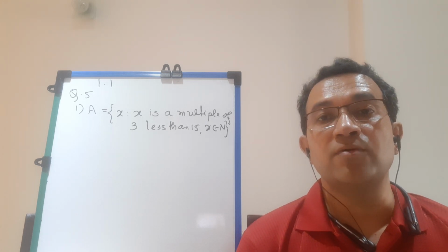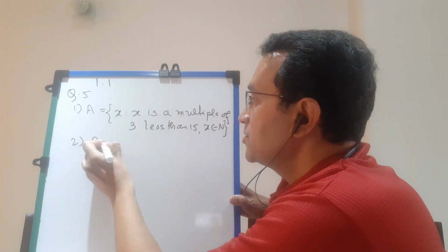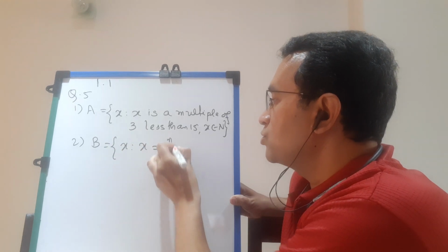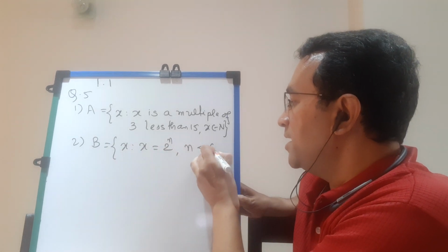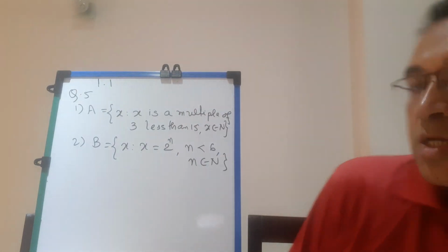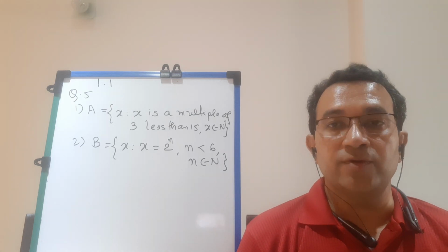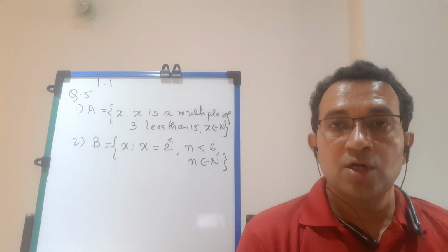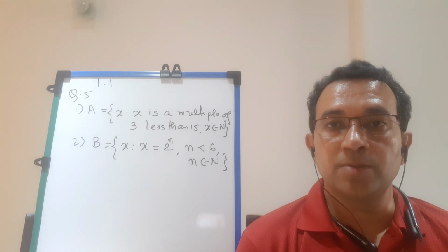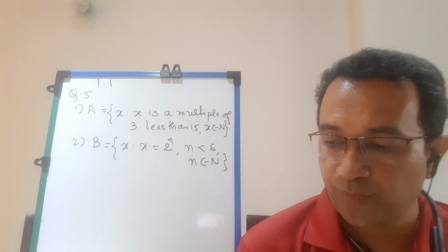So these are all powers of 2. So I can write set B as the set of elements x such that x is equal to 2 raised to n, n is less than 6 and n belongs to N. Less than 6 natural numbers are 1, 2, 3, 4, 5. 2 raised to 1 gives 2, 2 square gives 4, 2 cube gives 8, 2 to the power 4 is 16 and 2 raised to 5 is 32.